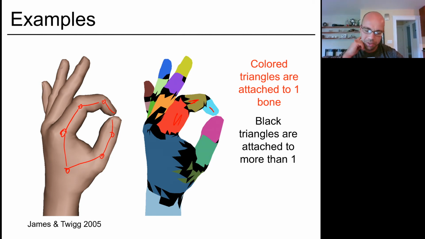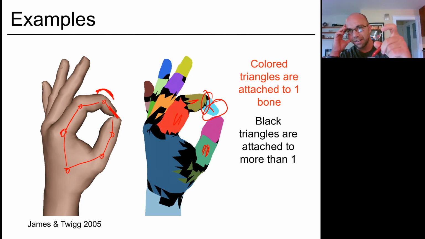So here we're showing you the colored regions are regions of points that are attached to a single bone. So for example, all of these light blue points are attached to this kind of upper finger bone above the distal joint. But the black regions are attached to more than one bone. So what that means is that the way that we're getting this little curve here on the tip of this finger is by averaging the transformation of the bone on one side with the transformation of the bone on the other.